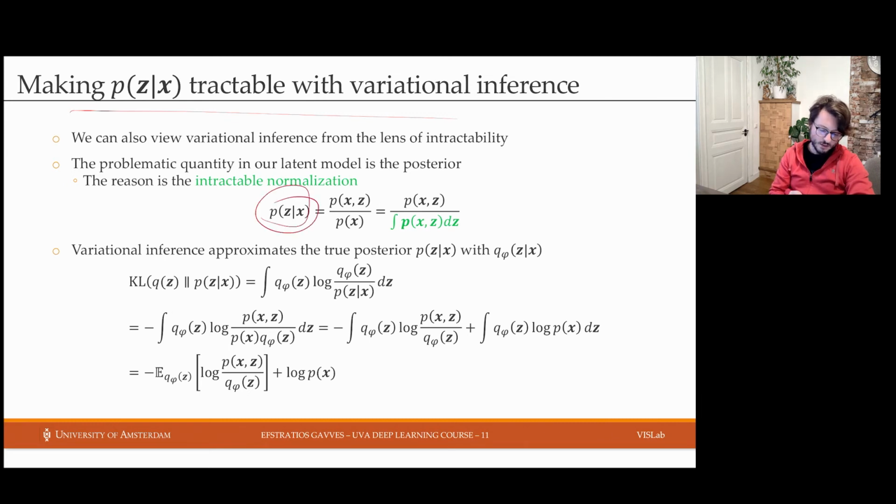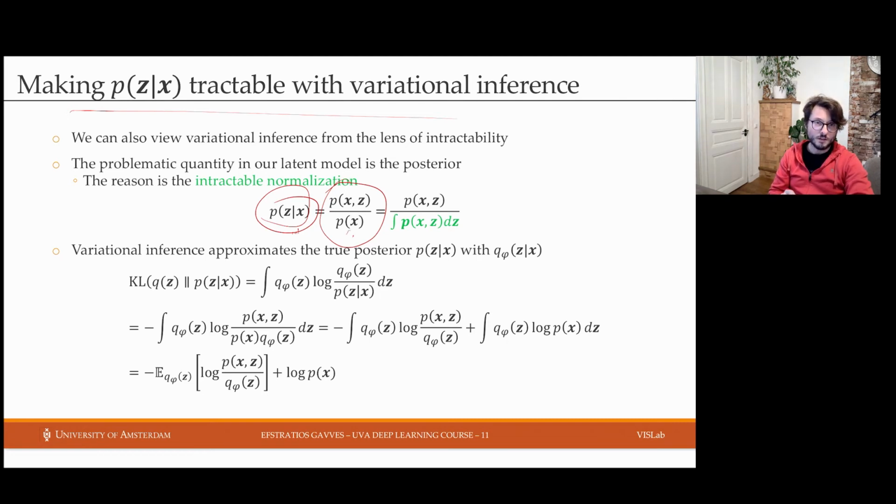We can say that in our computations, the posterior is actually the most problematic one, because the true posterior is computed as the joint likelihood over the marginal likelihood of my observed data x.